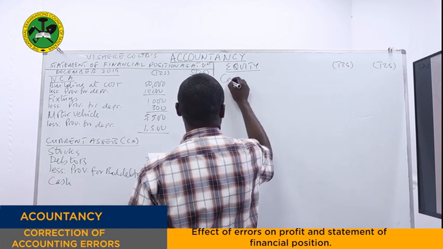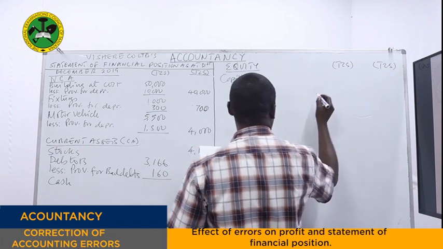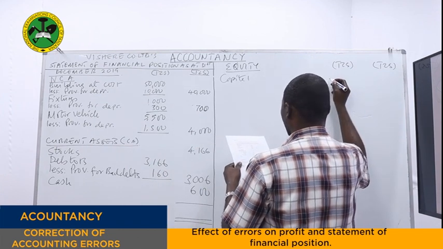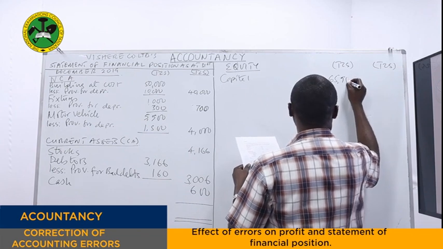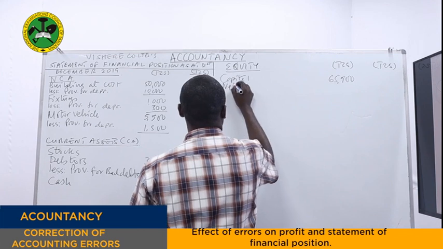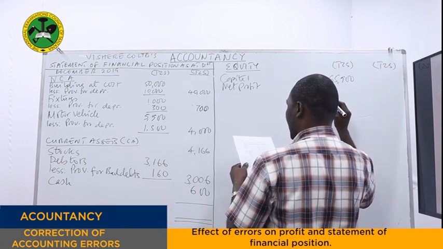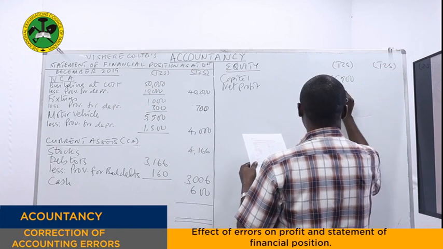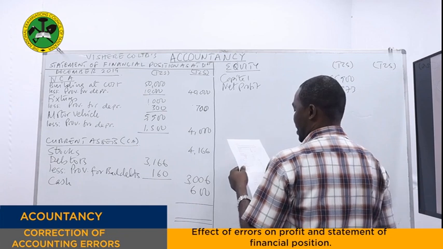We have capital. The capital is 65,900. Then we have net profit. The net profit was 2,973.